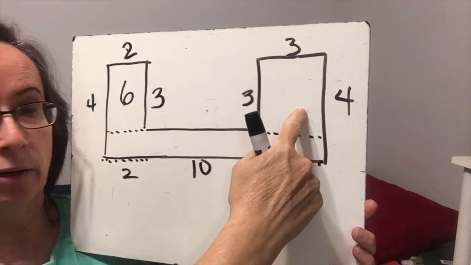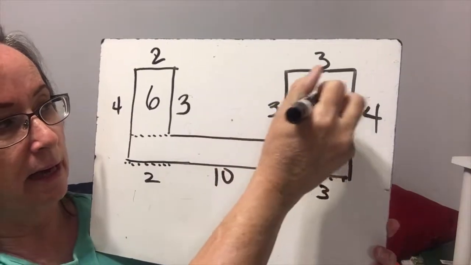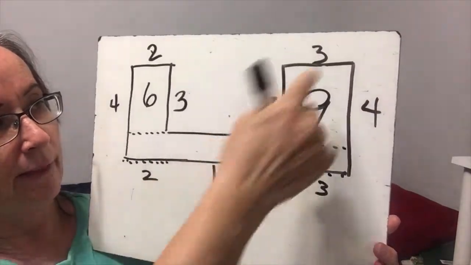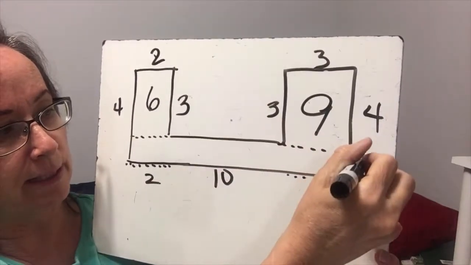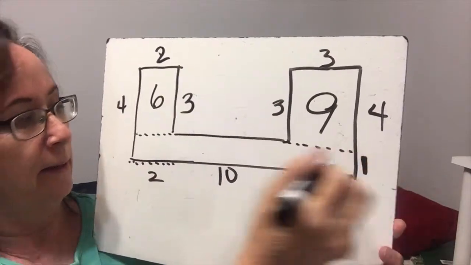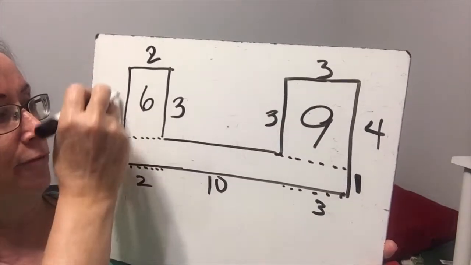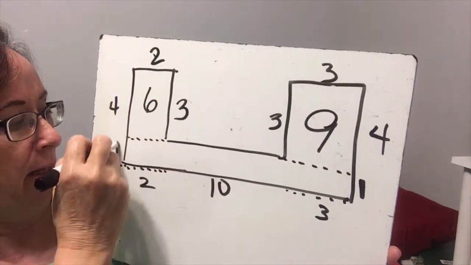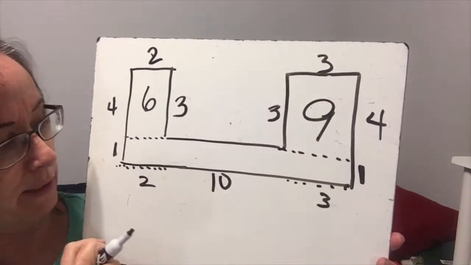This other tower over here is 3 times 3, so that's 9 square units. And this one goes 4 all the way down, but this part is 3, so doesn't this have to be 1? And then again, we can check it by this one's going 4, but this one's 3. So that has to be a height of 1, that long rectangle there.